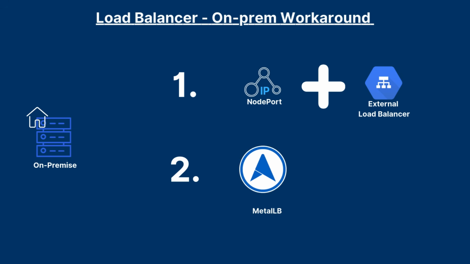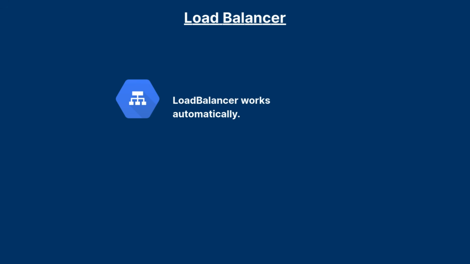Or use MetalLB. This is a Kubernetes add-on that gives you a cloud-like load balancer behavior. It works by assigning an external IP from a pool that you configure, so your on-premise cluster can act just like a cloud one. So in short, in cloud, load balancer works automatically.